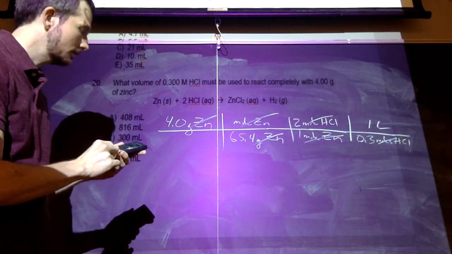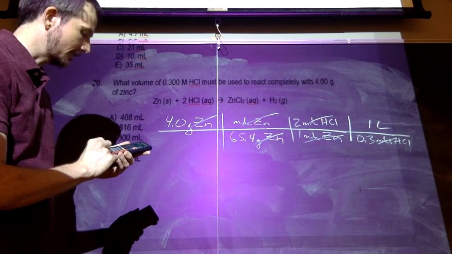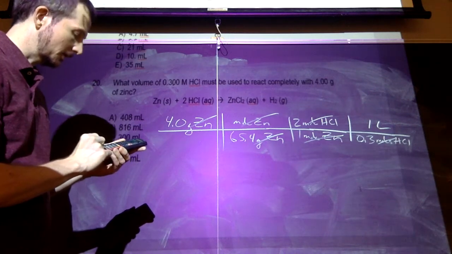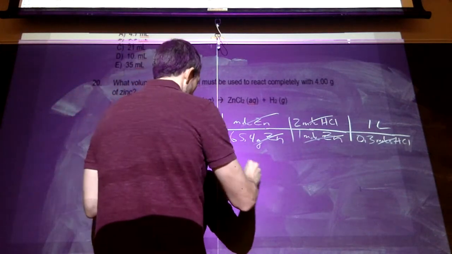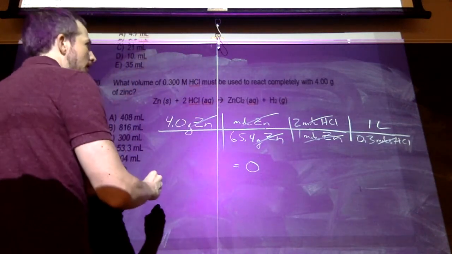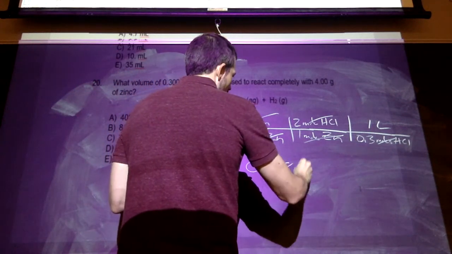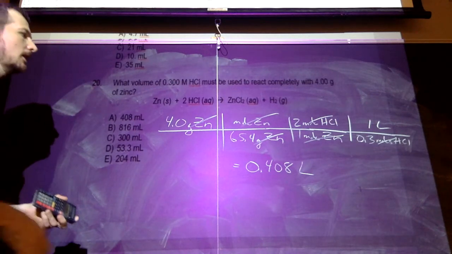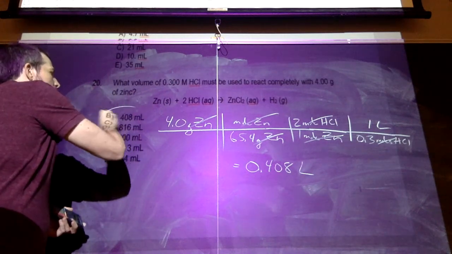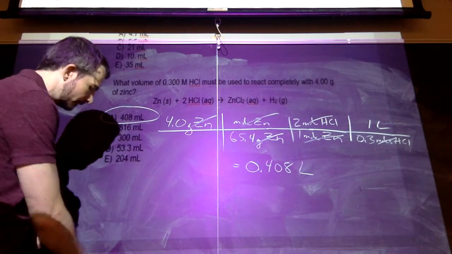So 4 times 2 divided by 65.4 divided by 0.3. 3 significant figures. I get 0.408 liters. In milliliters, that'd be 408 milliliters. So A, correct answer.